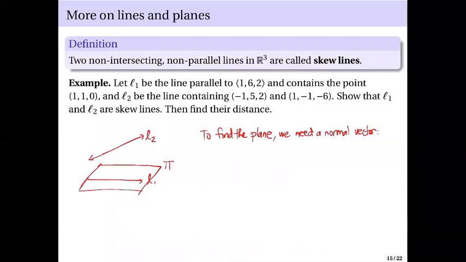So we put it here. L1 is parallel to V1 and L2 is parallel to V2. Let's label the normal vector n. So we need a normal vector n, and this is equal to V1 cross V2.